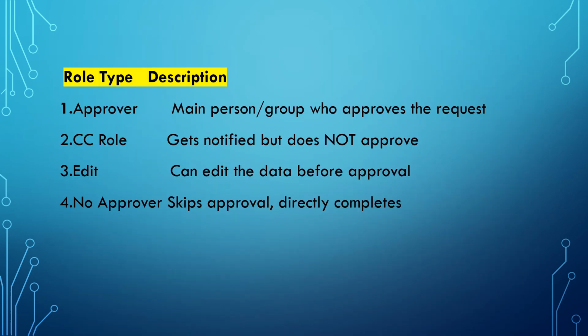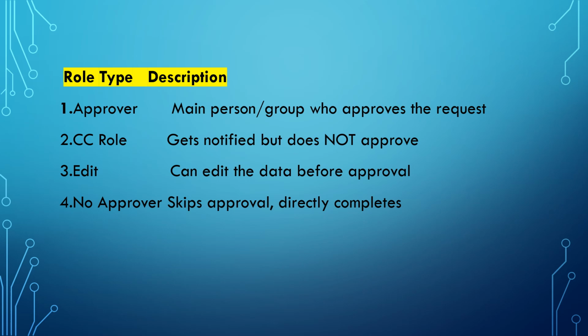In this slide we look at the various role types. The first one is approval, the person who will be approving or rejecting the request. The second role is CC role, who will just get notification but does not have the permission to approve or reject. And the third one is edit. For edit, the user can either edit the approval or can show no approver behavior.